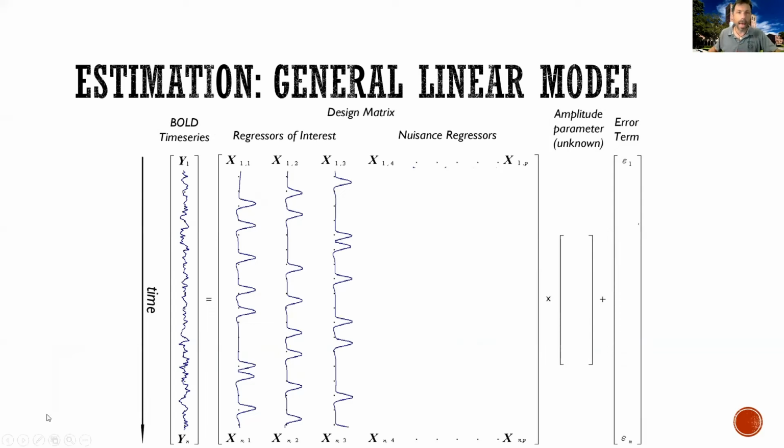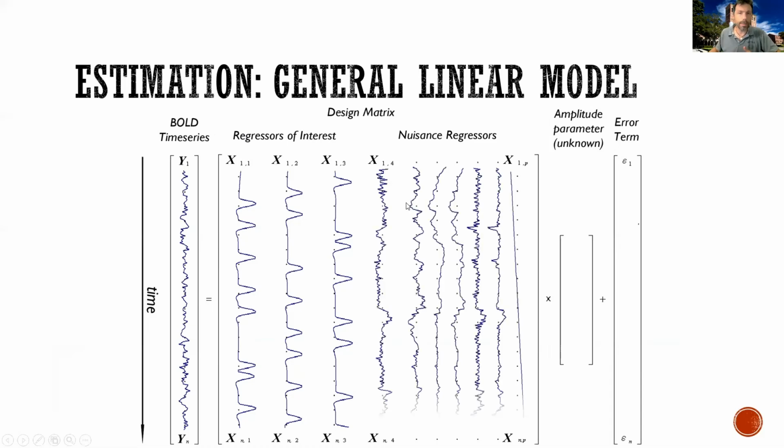In our case, we have some regressors of interest, since this is a task-based analysis. And then we have a number of nuisance regressors. Most typically, we might have 6 motion regressors, and perhaps a high-pass filter. Right? So this is a slow drift meant to capture and explain away any slow drift.